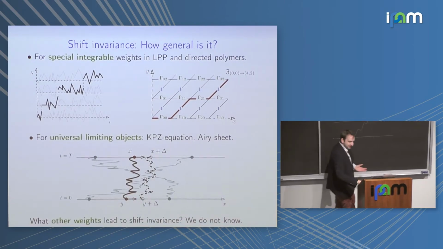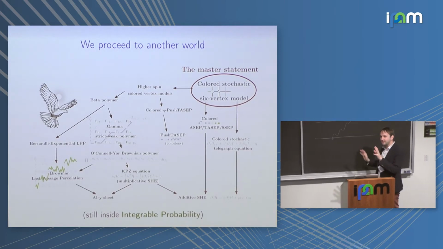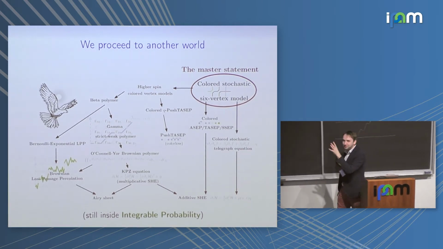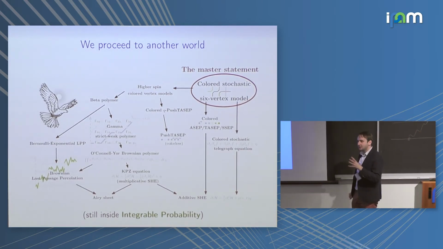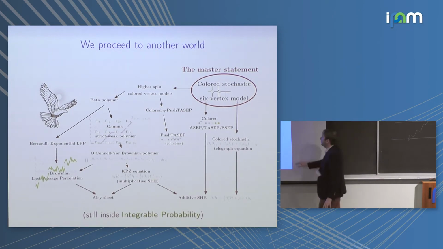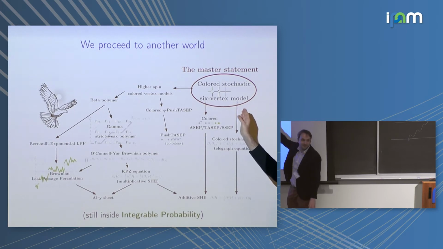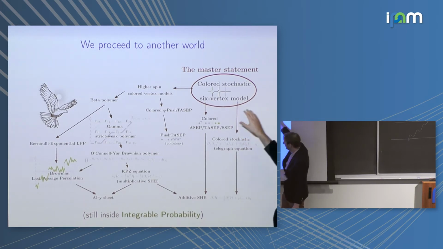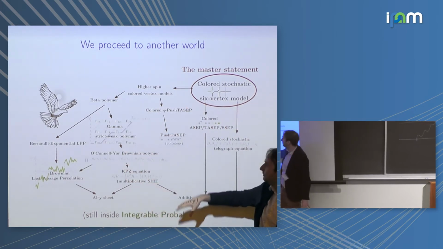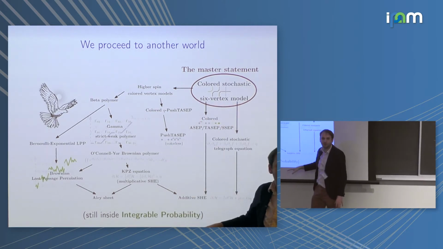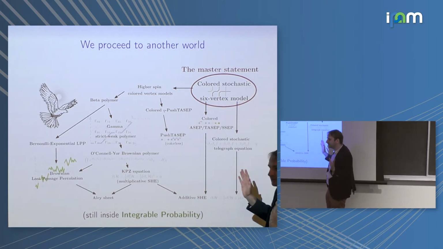The truth is that we start by proving only one statement, of course. We don't prove 20 different statements. So what we start from, we prove a shift invariance statement for the colored stochastic six-vertex model, which we will define in a second. And then the rest is obtained through various procedures which link all this chart of models together. These procedures are different.